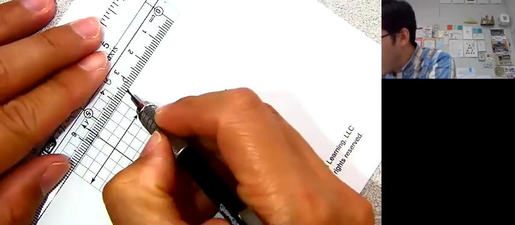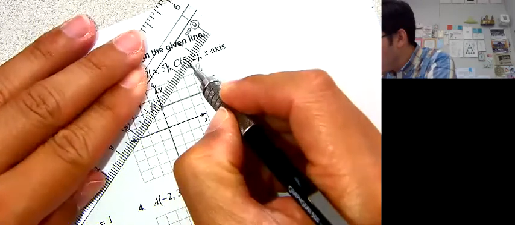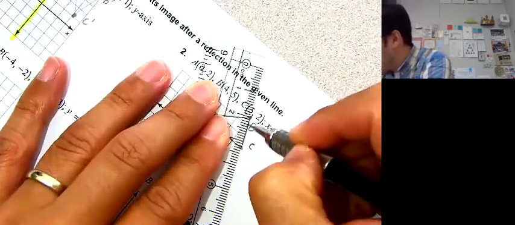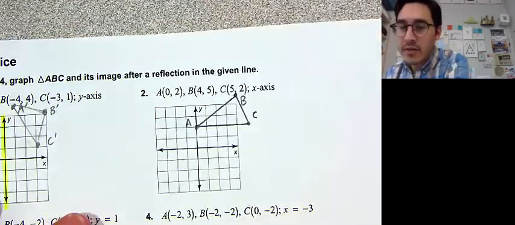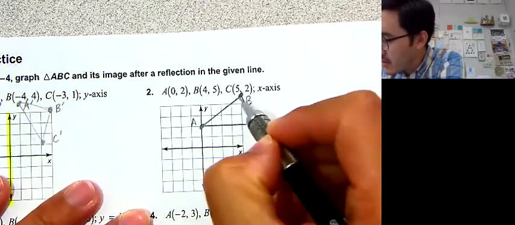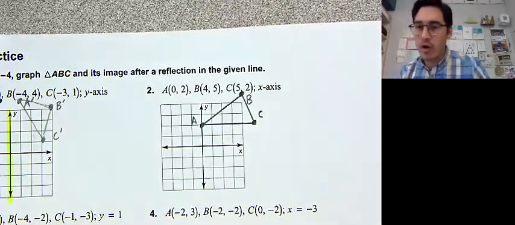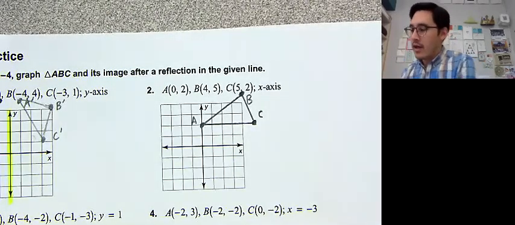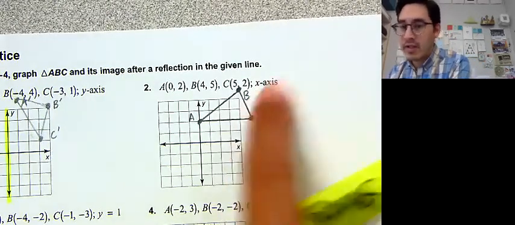Okay. So let's draw the sides of this triangle. Okay. So in order for this method to work, you actually have to put down a lot of lead on the paper, right? So you have to draw the pre-image very dark. All right. Now this triangle we're going to reflect across the x-axis.